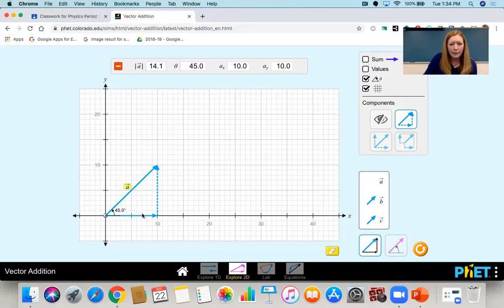Each side is 10 meters, which makes more sense. Like that, your hypotenuse should always be the greatest side here. So if I walked 10 meters east and then 10 meters north, I would have walked a total of 20 meters. That would be the distance I traveled. But my displacement would be 14.1 meters at 45 degrees.